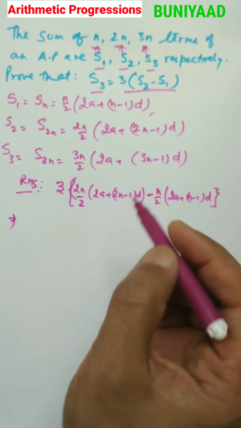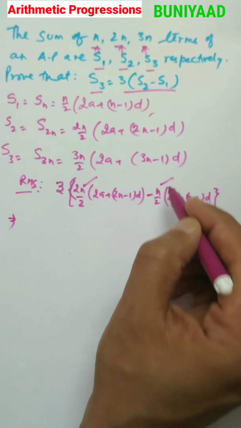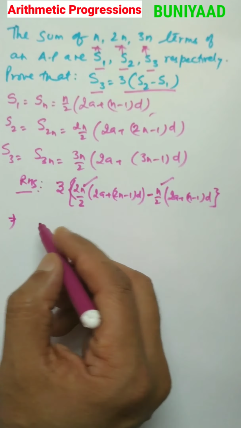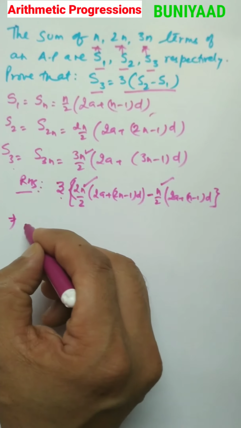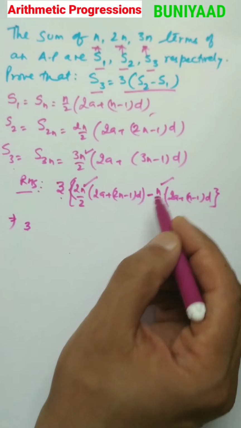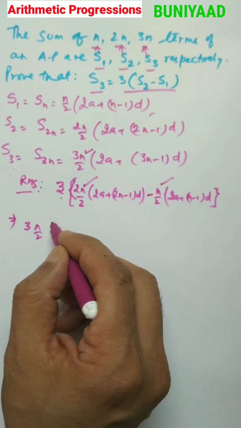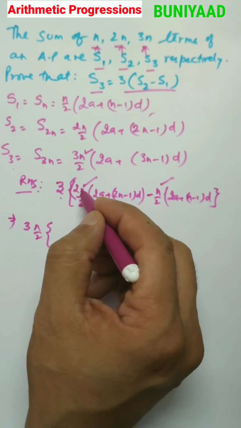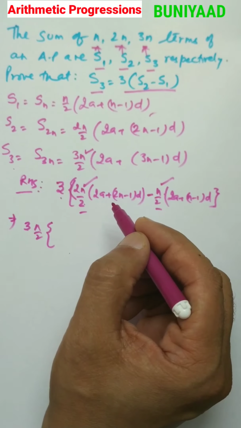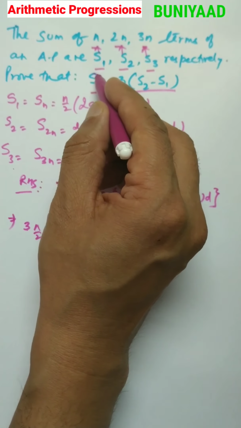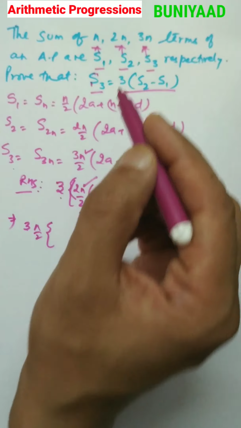Now n by 2, because see, you have to prove S3, and in S3 you need 3n by 2, right? Already 3 is there, you can take n by 2 common. N by 2 you have taken common, so you have to see the left hand side, which ultimately you have to prove.